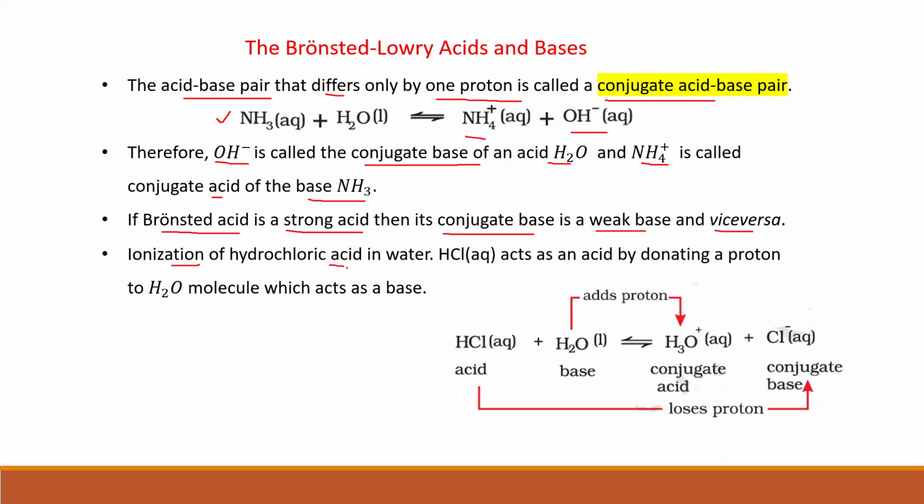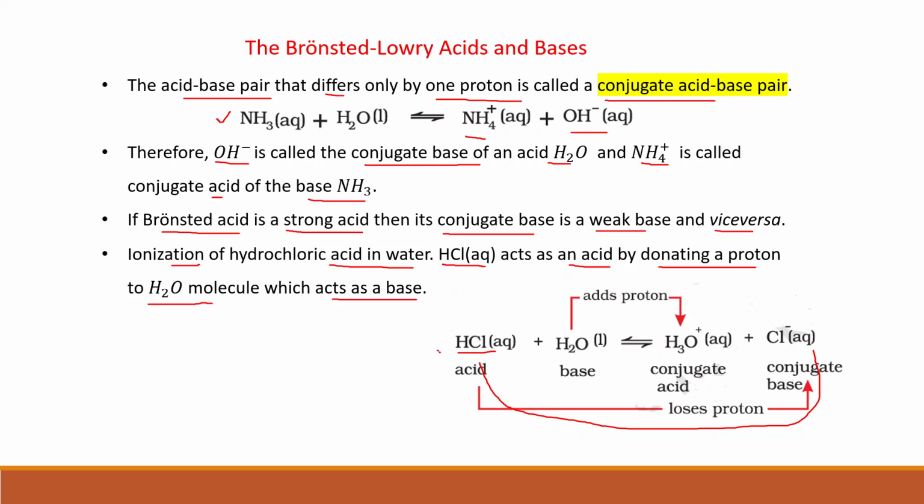Ionization of hydrochloric acid in water, consider this. In this case, HCl acts as an acid by donating a proton to the H2O molecule, which acts as a base by accepting a proton. This HCl is converting into Cl minus ion by donating a proton.